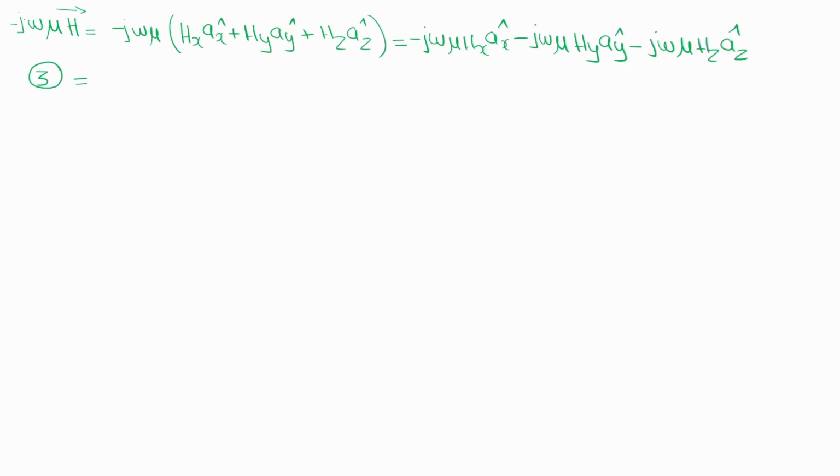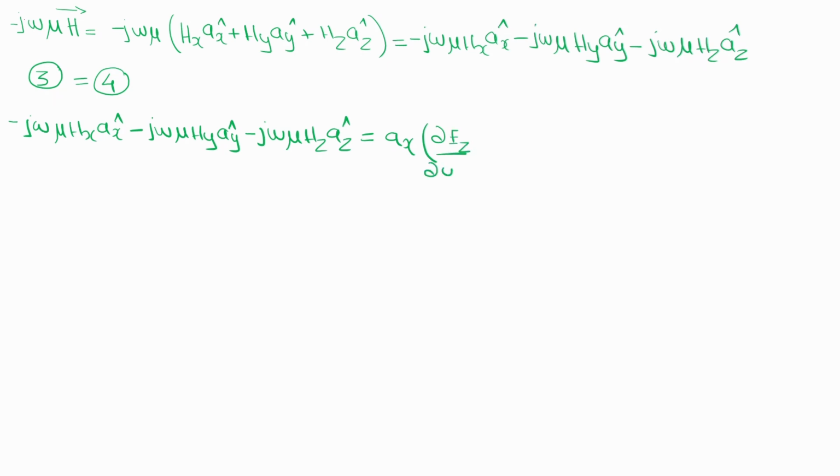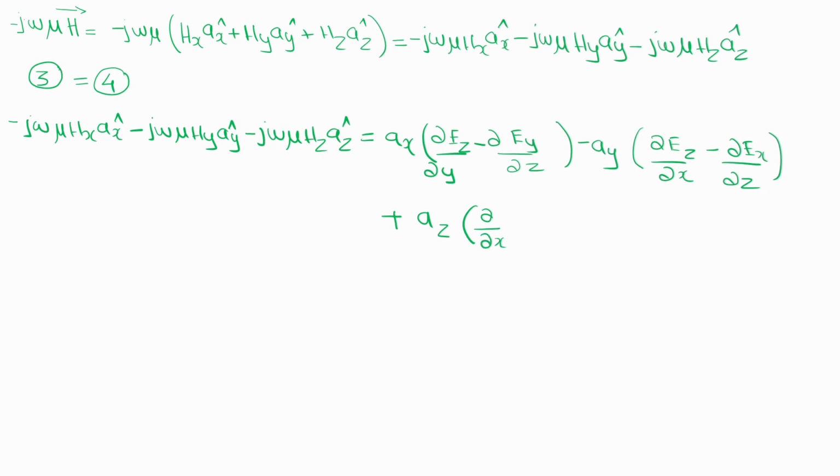Equating equation 3 and 4, that is minus j omega mu Hx ax cap minus j omega mu Hy ay cap minus j omega mu Hz az cap equal to ax into (dou by dou y of Ez minus dou by dou z of Ey), minus ay into (dou by dou x of Ez minus dou by dou z of Ex), plus az into (dou by dou x Ey minus dou by dou y Ex).